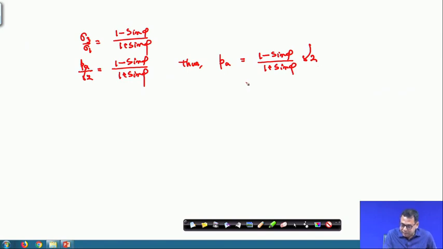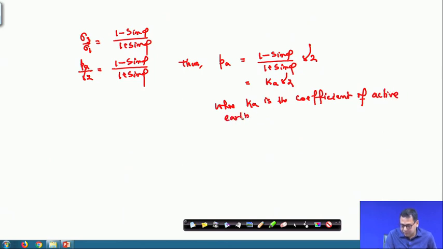Okay? And this we can write as K A gamma z, where K A is the coefficient of active earth pressure and K A is equal to 1 minus sin phi divided by 1 plus sin phi. Okay.